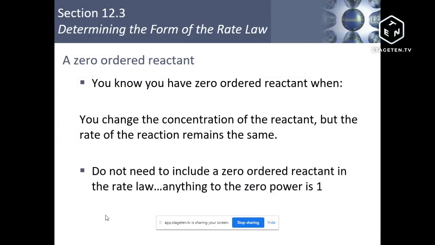So right now what we're saying is just because you double the concentration of one reactant doesn't necessarily mean that's going to speed up the reaction. If the reactant is zero ordered, it's not going to speed up. It's not going to change the reaction rate. So how do I know something's zero ordered? I changed the concentration of it, but the rate stayed the same. That's how I know.